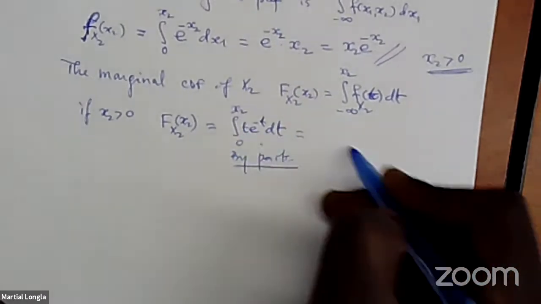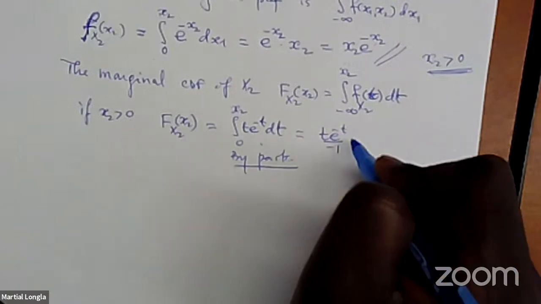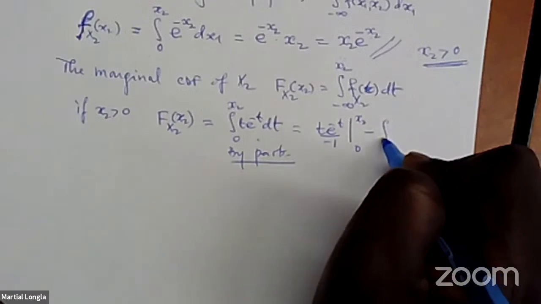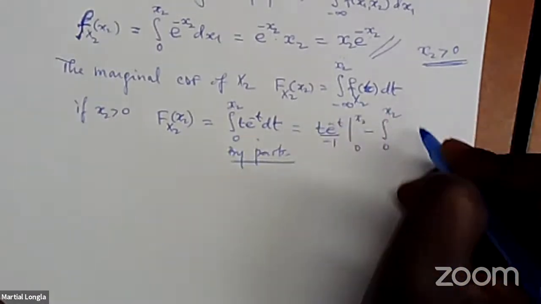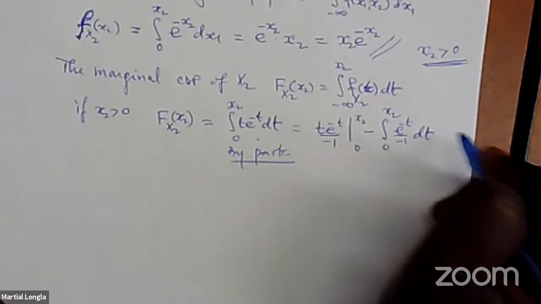It's going to be t e to the negative t over minus 1, from 0 to x2, minus the integral from 0 to x2 of the derivative times e to the negative t over minus 1 dt.